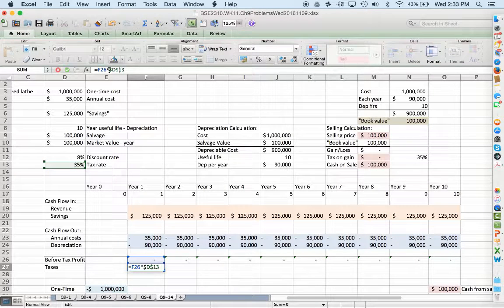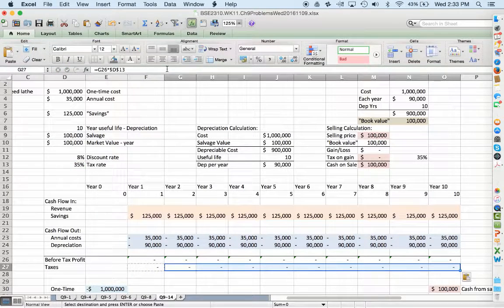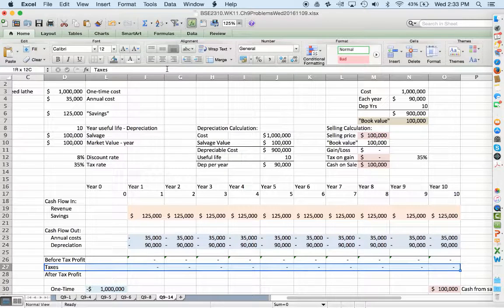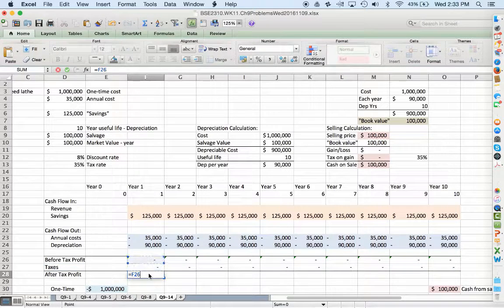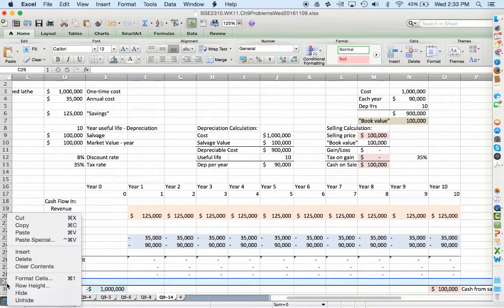By putting a $ sign in front of the D and a $ sign in front of the 13, I'm going to hold the tax rate cell constant. I'm going to copy that across, and then I will have another subtotal, which is after-tax profit, calculated as before tax profit minus taxes. Now, this may seem silly because we have no profit, but I want you to see the methodology.